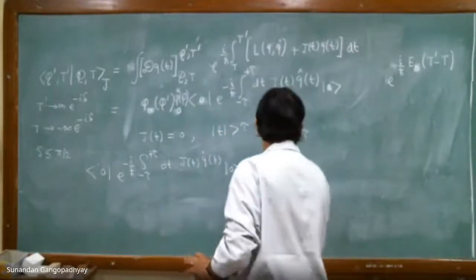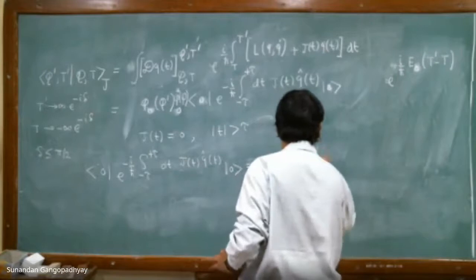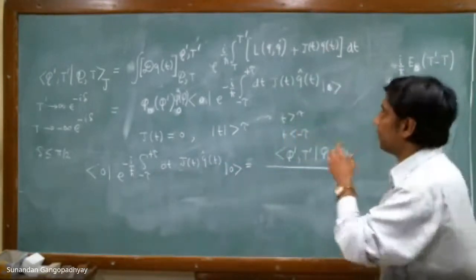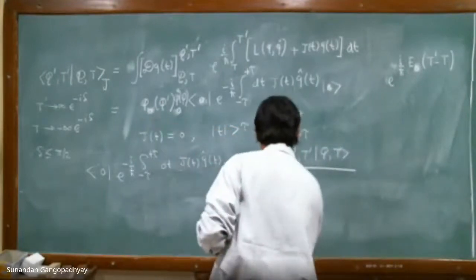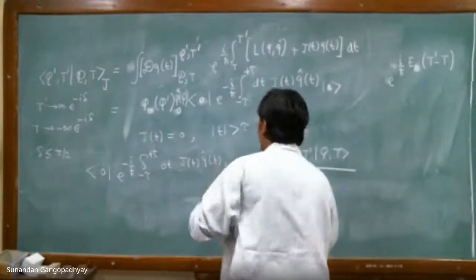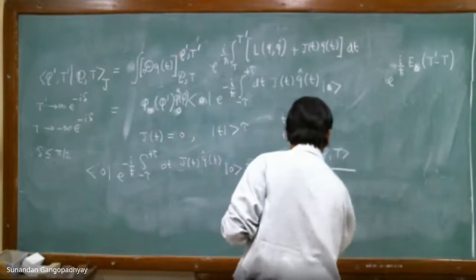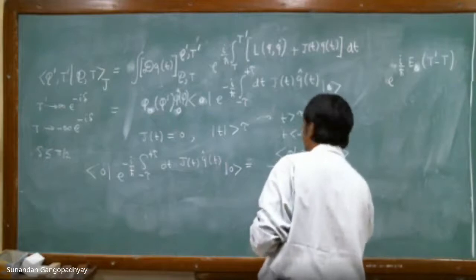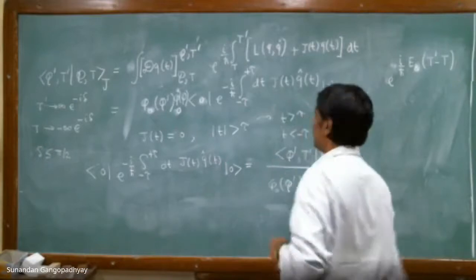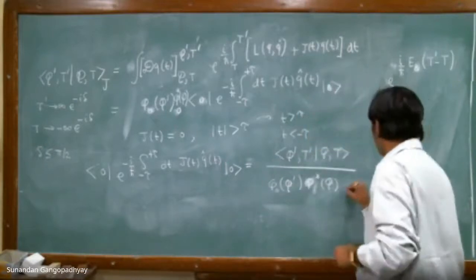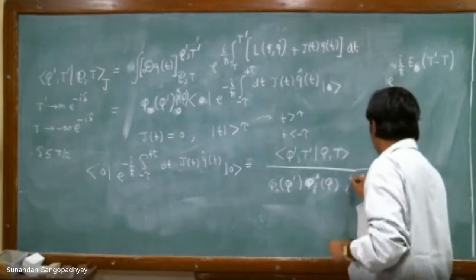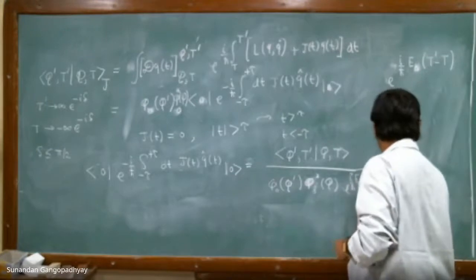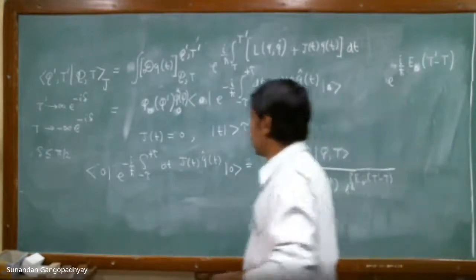So this is t prime, t divided by all these factors. You see that we again have a similar expression that we have derived earlier. So we have this thing in the denominator. Then e to the power of i by h bar is equal to, that is what we have.